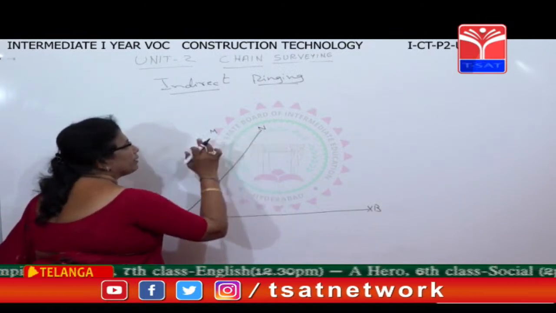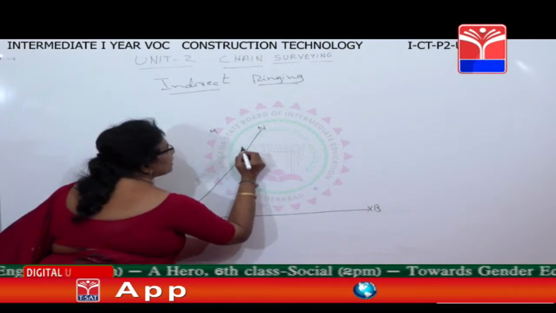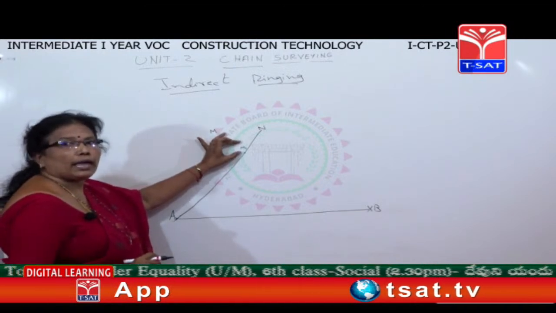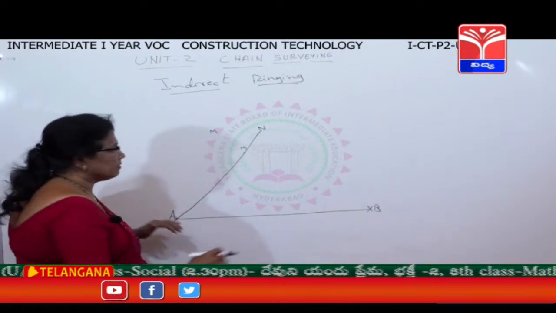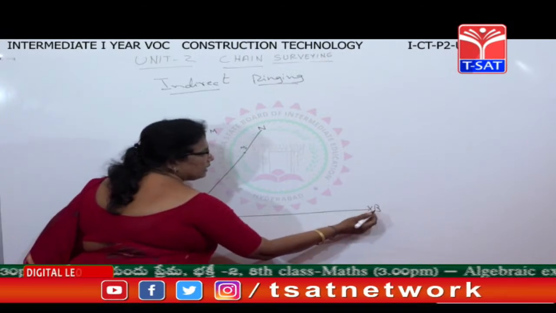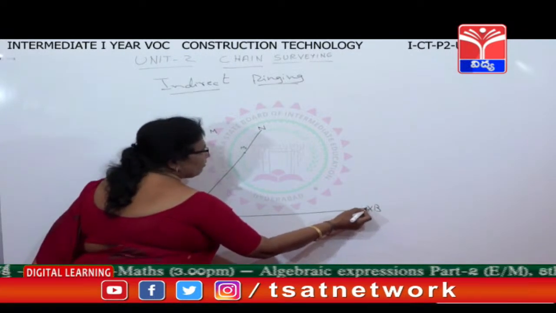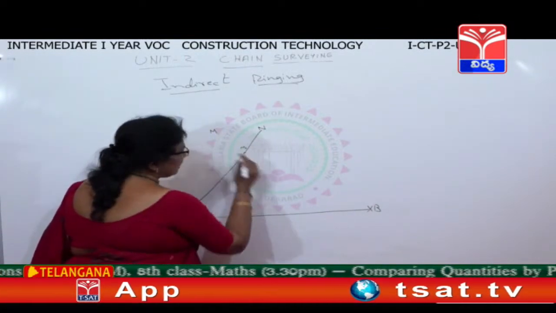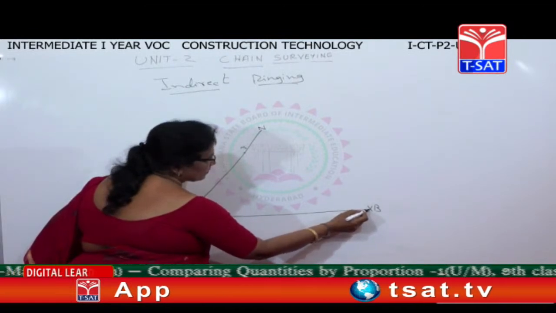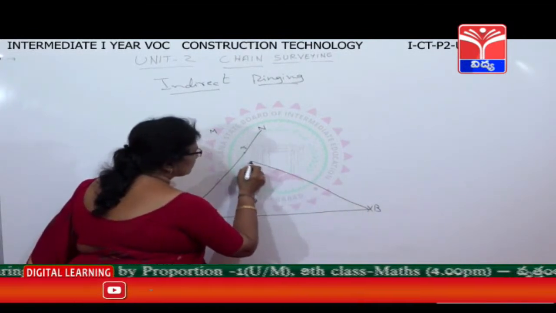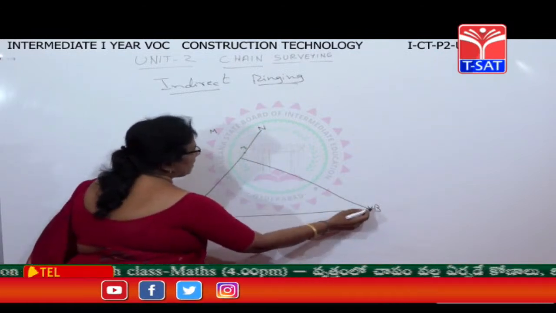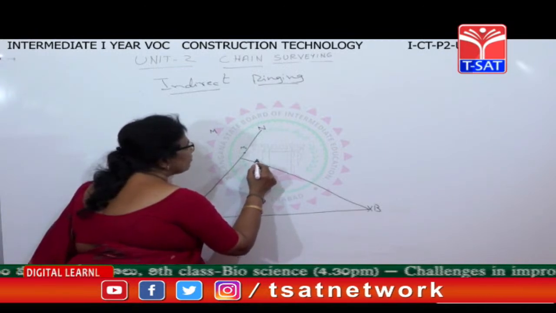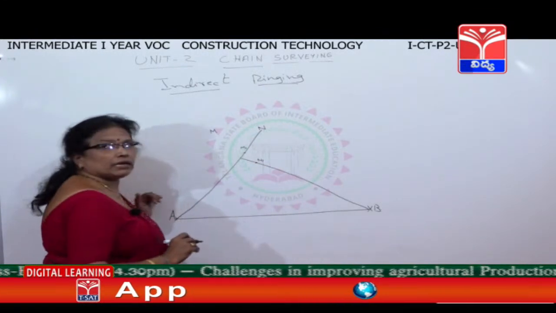That position becomes M1; person M will move to M1. Then the person near B directs person N to move in a straight line in this direction. Then N1 will come here.